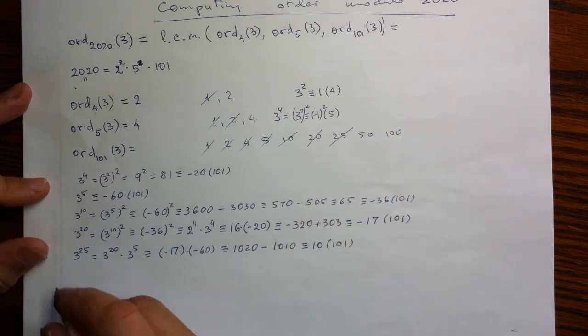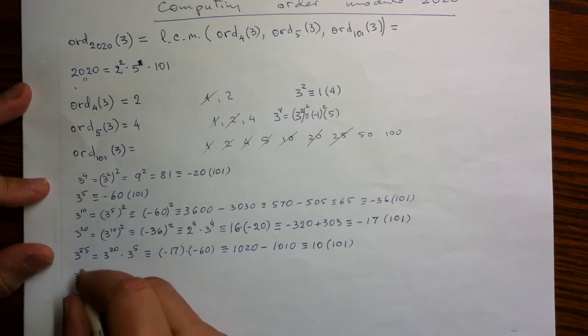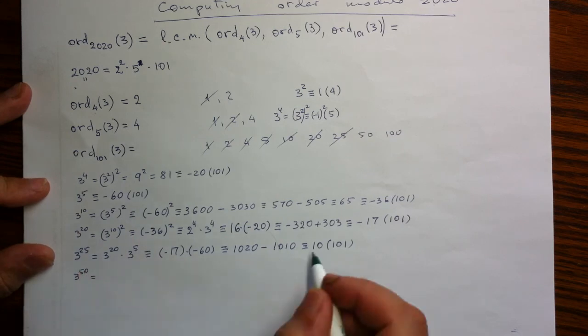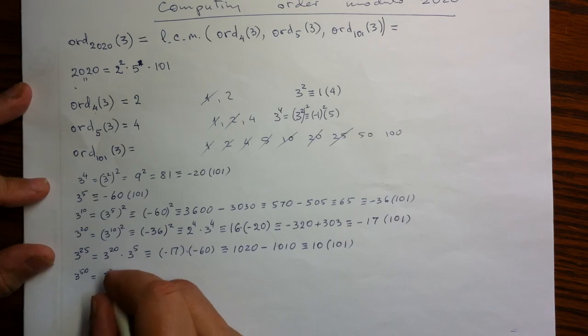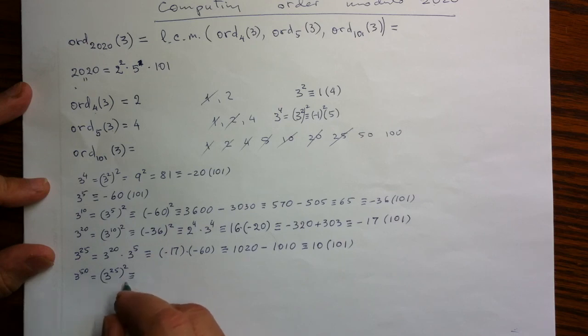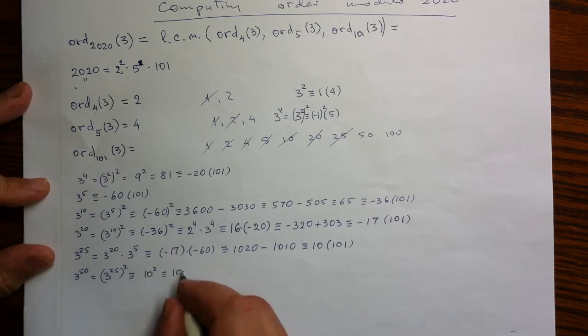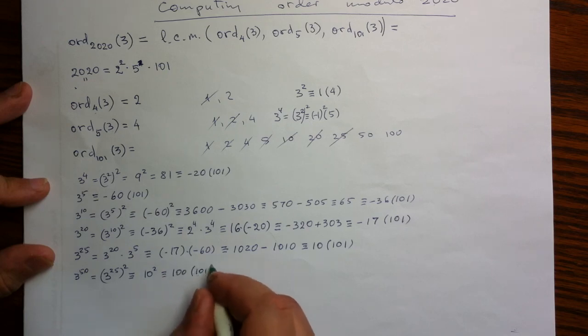The next in line is the 50th power, which I can write as the square of the 25th power. Because 10 is a very nice number to compute with, so that will be congruent to the square of 10, which is 100. And that is as good as negative 1.